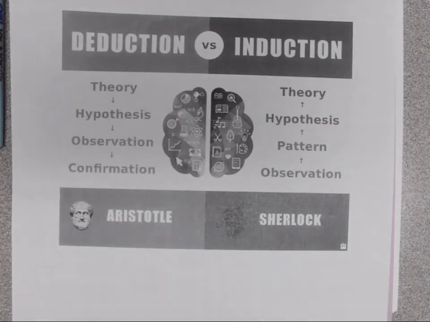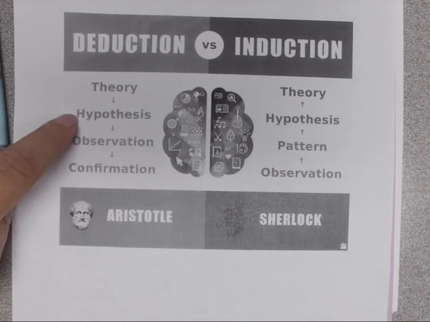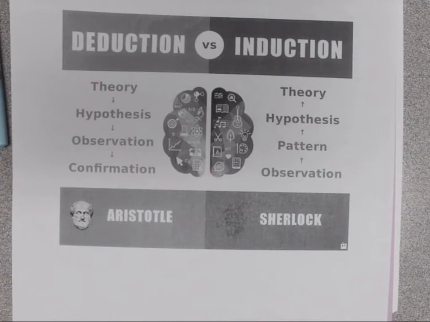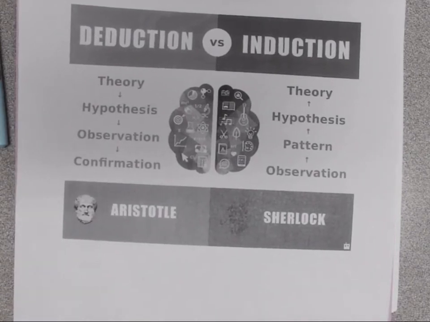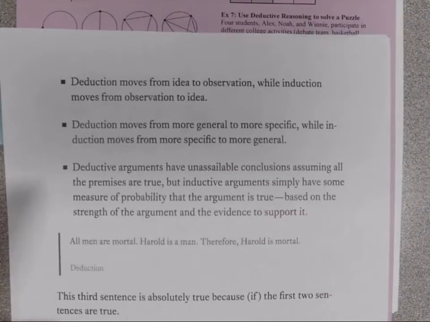Now for deduction, you're going to start with a theory, then go to a hypothesis, do some observations, and then confirm if it is true. That's something that Aristotle would have looked at. He would have looked at theory and then gone down to some confirmations. So that might make it a little bit easier. Here are some other things on deduction.